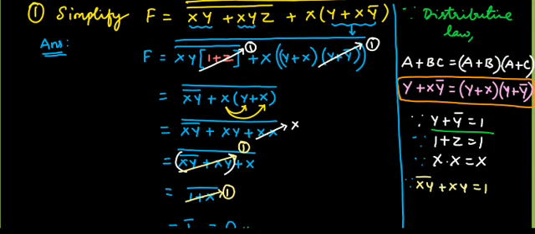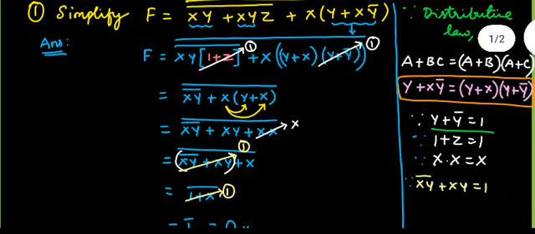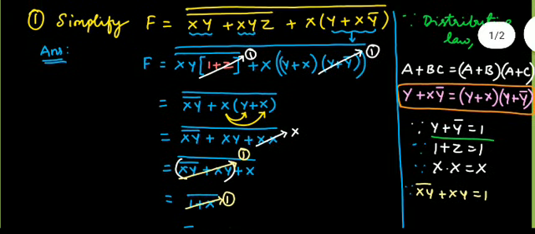See, whatever I underlined, xy I underlined, both are common, so I can take it out. xy as a common term, common variables from the two terms. Then what I will be getting inside the bracket? 1 plus z. And we know very well the value of 1 plus z is equal to 1. So coming to the third term, I underlined it.